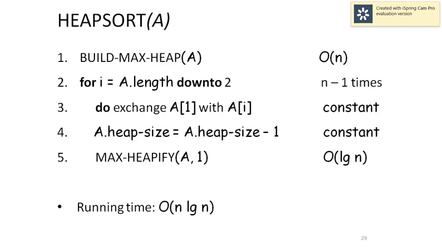We are reducing the heap size by 1, again a constant time operation. We are calling MaxHeapify at the root, MaxHeapify(A, 1) every time. MaxHeapify takes log n amount of time. So overall we will get an equation which will have an n plus n log n term. The highest order term comes out to be n log n. So the final complexity of the heap sort algorithm comes out to be n log n.